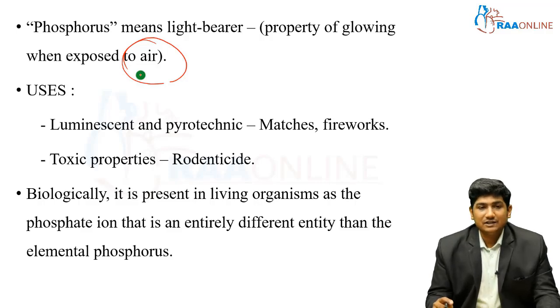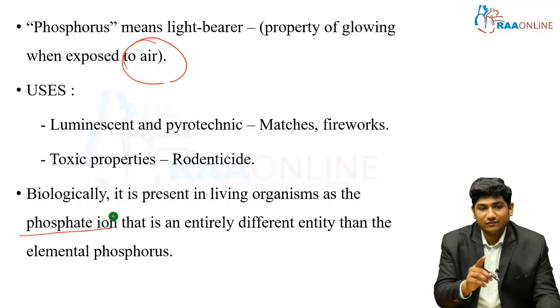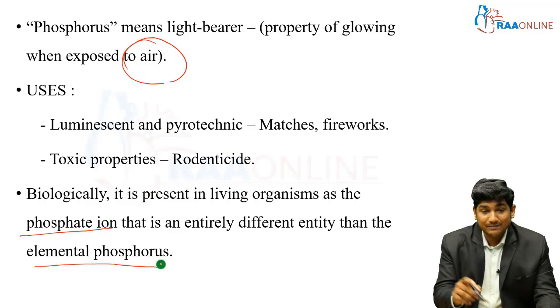So phosphorus means light bearer, the property of glowing when exposed to air. The uses are luminescent and pyrotechnic. It is used in matches and fireworks. It has toxic properties, so it is used as a rodenticide also. Biologically, it is present in living organisms as phosphate ion. Phosphate ion is a completely different form of phosphorus compared to elemental phosphorus.